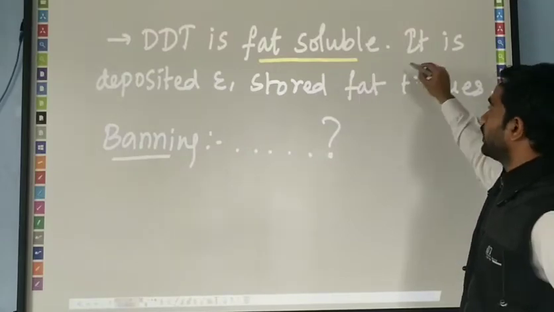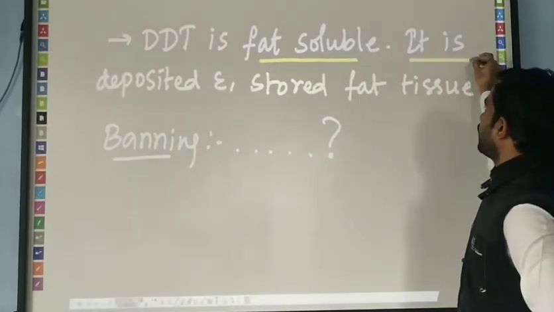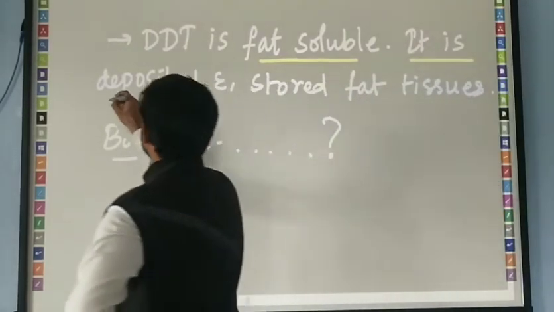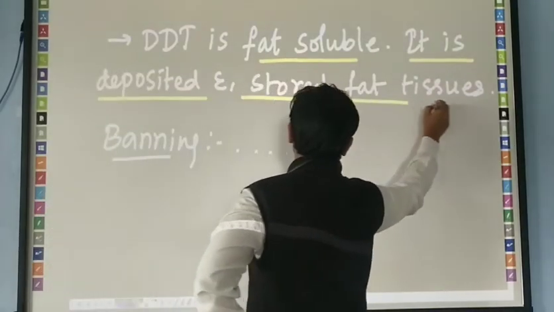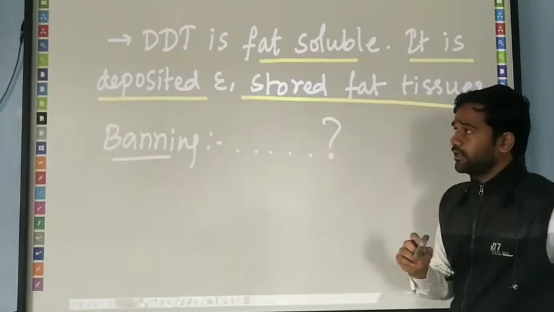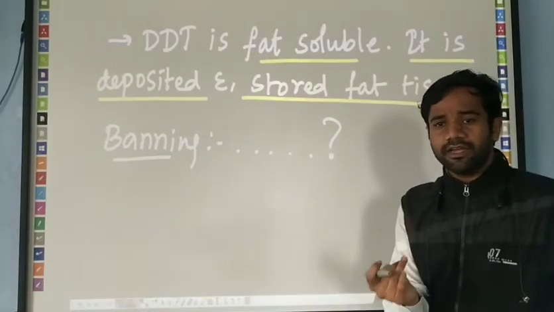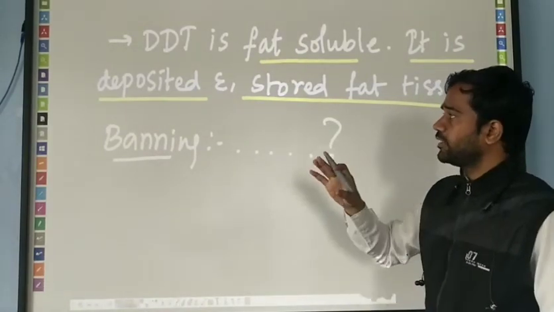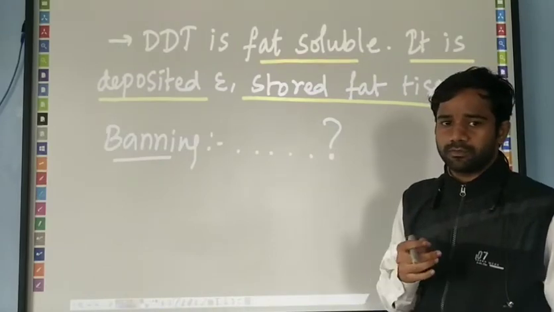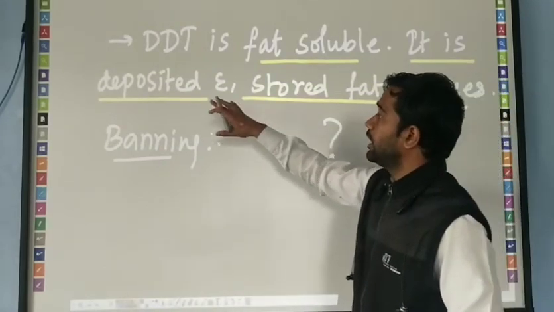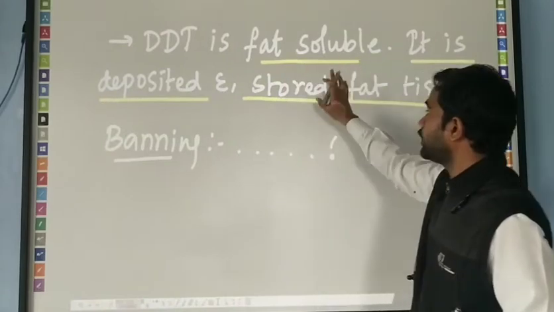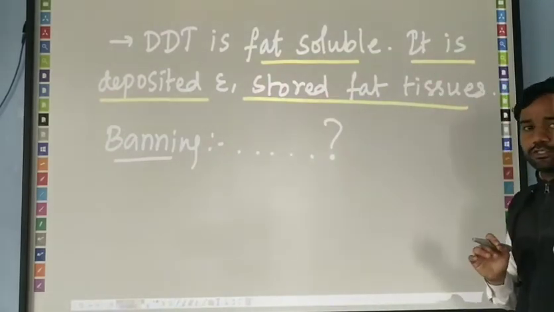DDT is fat soluble, so the insecticide is inhaled by animals and plants and present in the water. It is deposited and stored in the fat tissues.